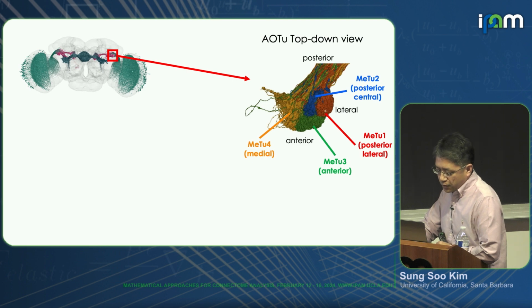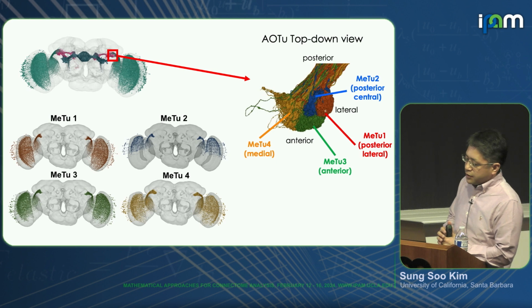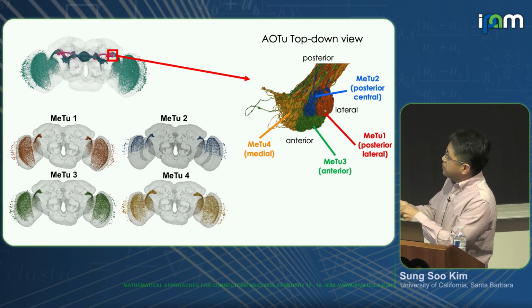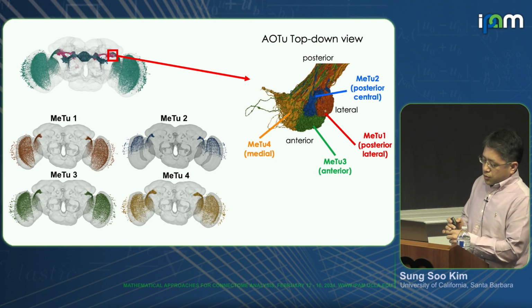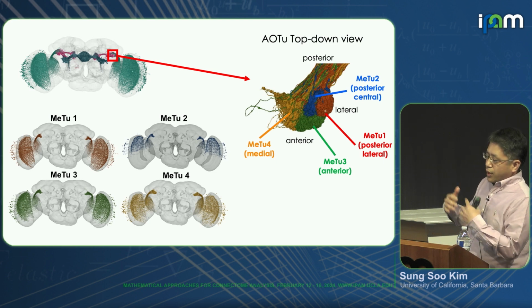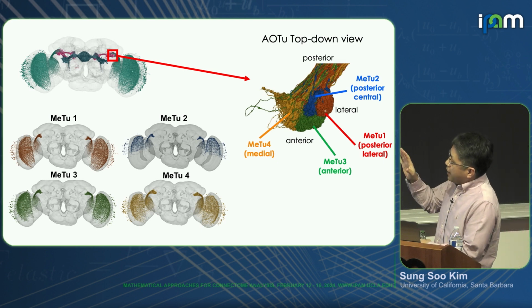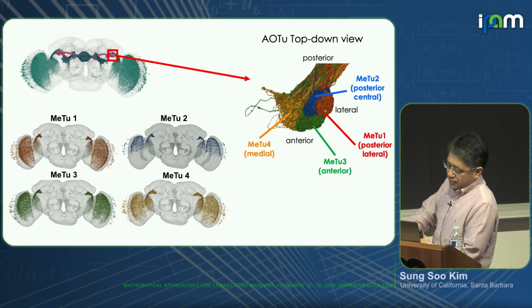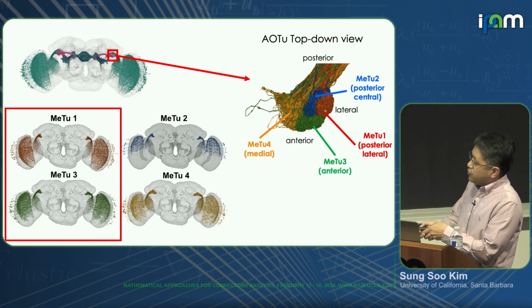And these 4 groups of Me-Tu neurons innervated different areas of anterior optic tubercle here, shown from the top. So the question is, what kind of visual features are processed by each of them and downstream neurons? And for this talk, I'll just focus on Me-Tu 1 and Me-Tu 3.